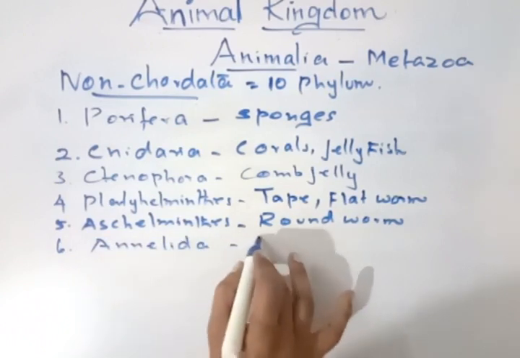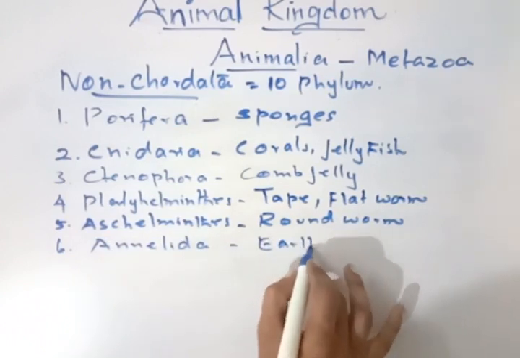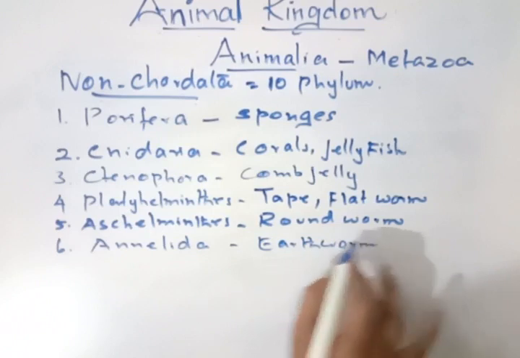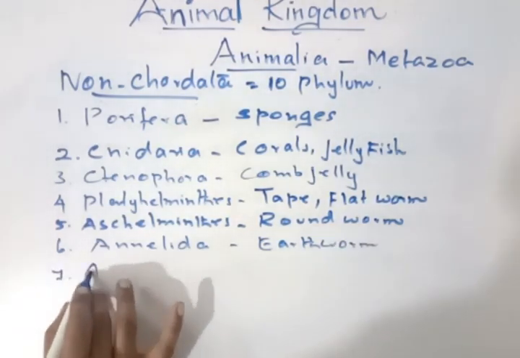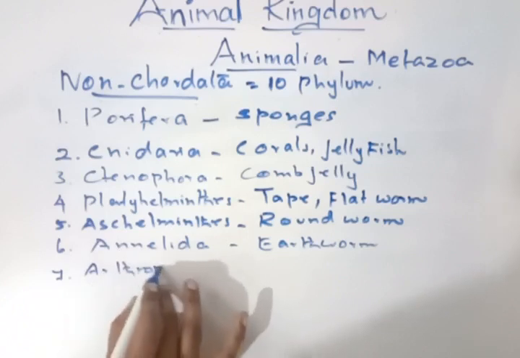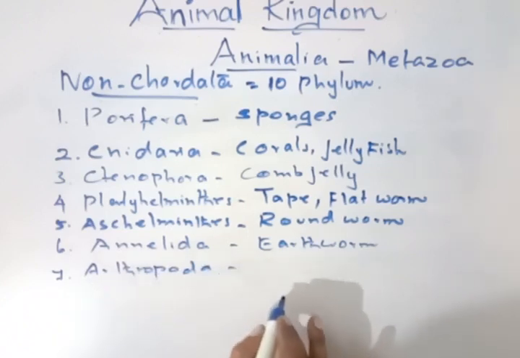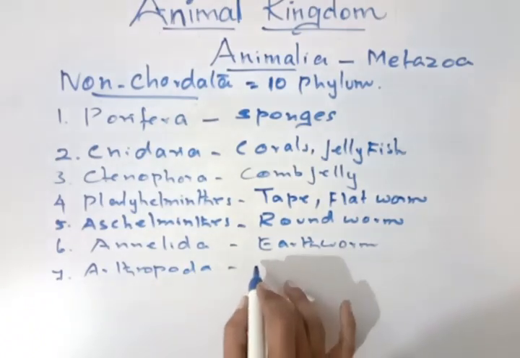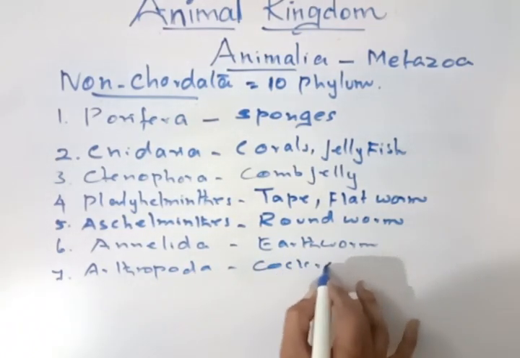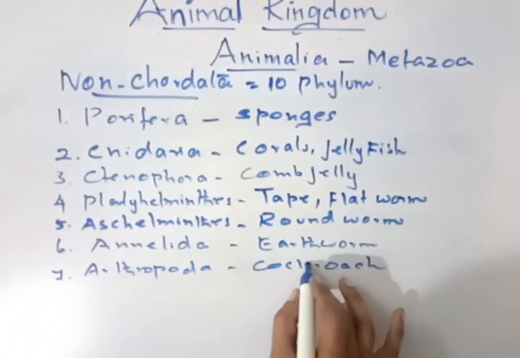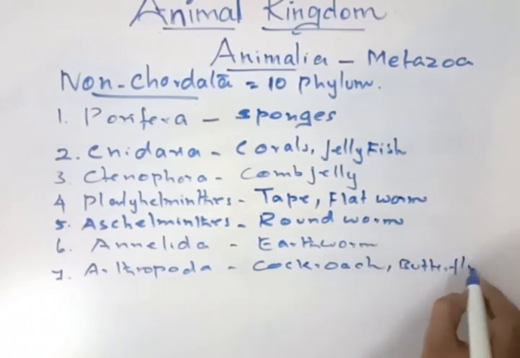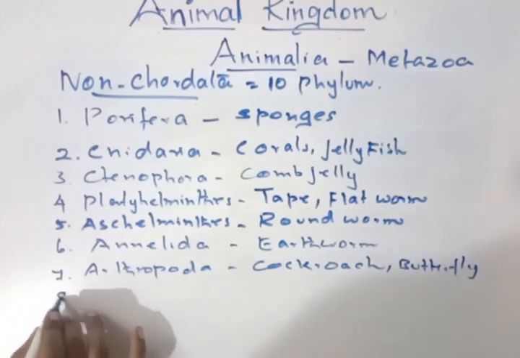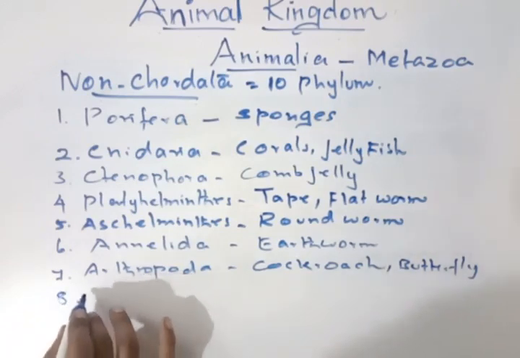Annelida are all segmented animals like earthworm and leech. The seventh one is Arthropoda. Arthropoda means all the jointed legs animals like cockroach, butterfly, all these are examples. Then the eighth one is Mollusca.